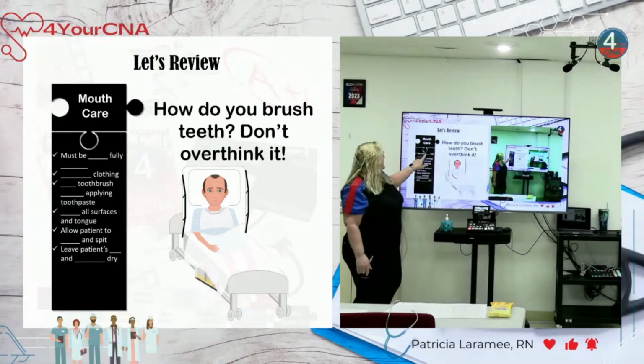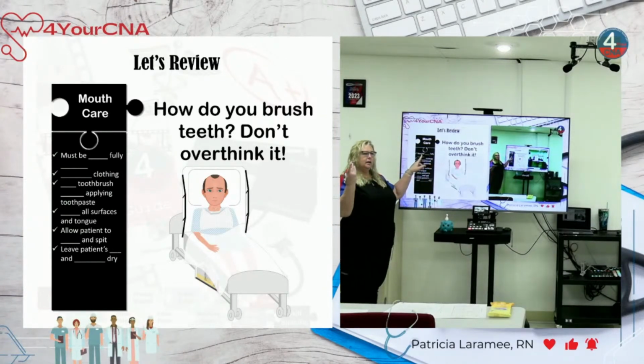The patient must be fully upright. Yeah, that's a choking hazard. We're going to protect the clothing, right? What do we want to do to the toothbrush before we put toothpaste on it? Wet the toothbrush. What are we there to do? Brush, yeah. So what do we want to brush? Everything.